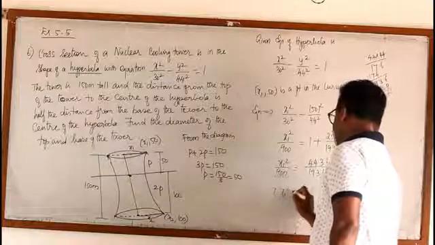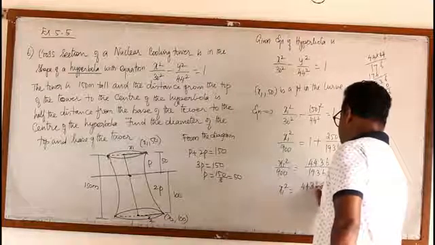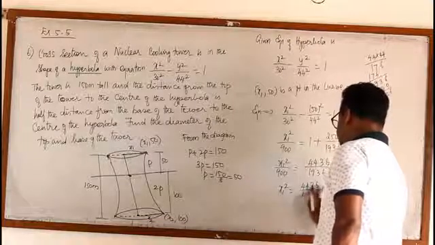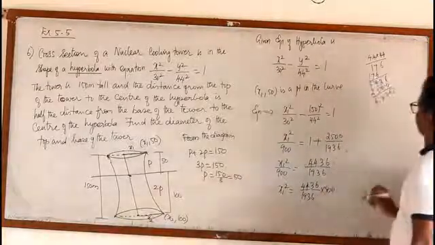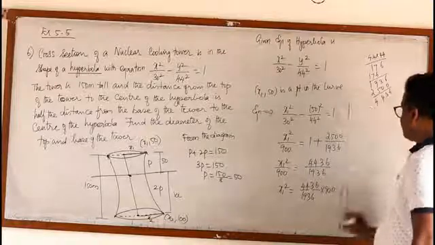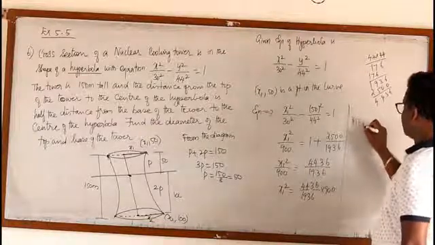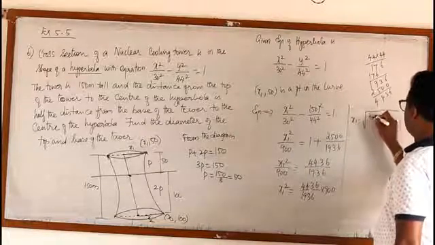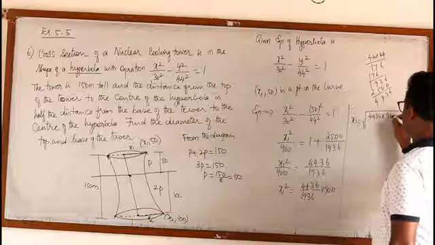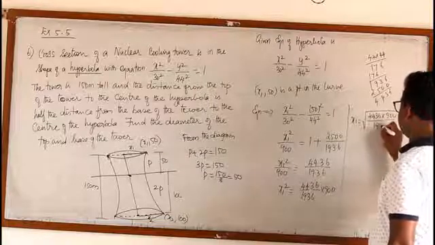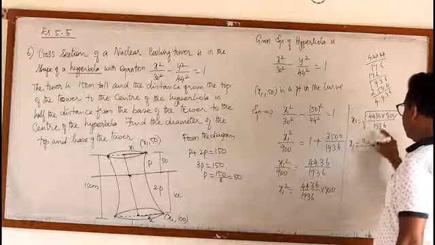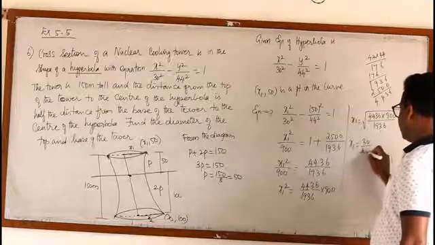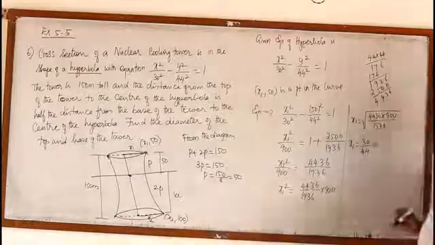Therefore, x1 square is 4436 by 1936 into 900. Therefore, from this we can say x1 is root of 4436 into 900 by 1936. So root of 900 is 30. We know root of 1936 is 44, and we need root of 4436.